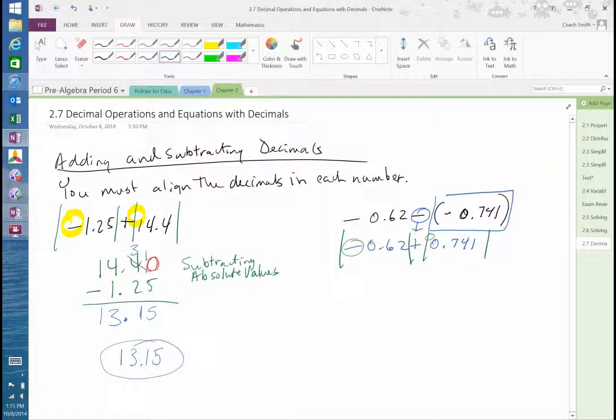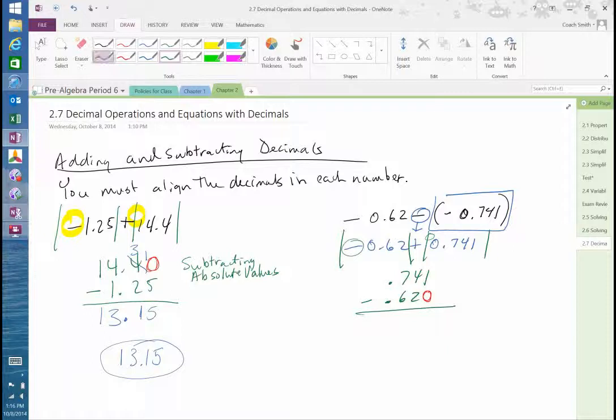Okay, and we have to line up their decimals, and that gives me 0.741 and 0.62, and I'm subtracting their absolute values. Okay, I'm going to add a 0 right here with the 0.62 to make it have the same amount of digits as the top number.